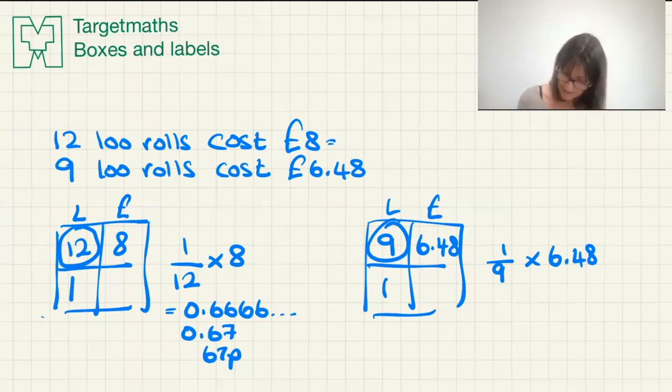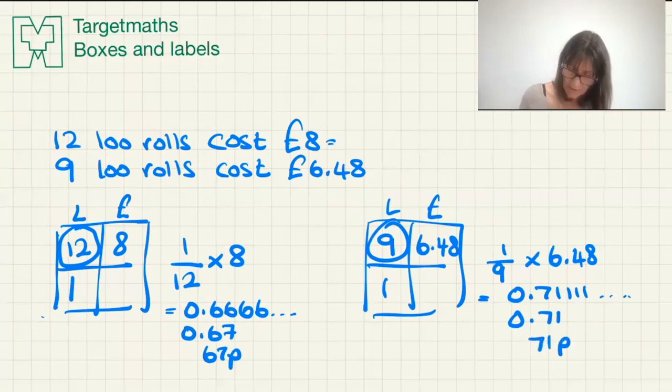And I've got a funny on and on it goes situation. Change that and it's 71 pence. So looking at the two answers, this one is definitely the cheaper one. So the 12 loo rolls are the best value and that's what I should buy.